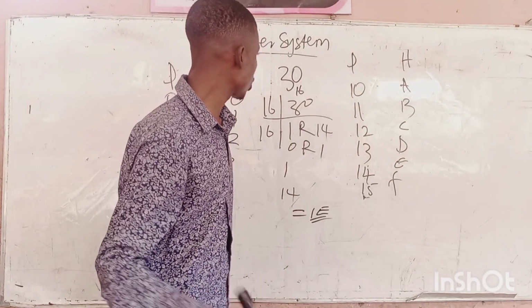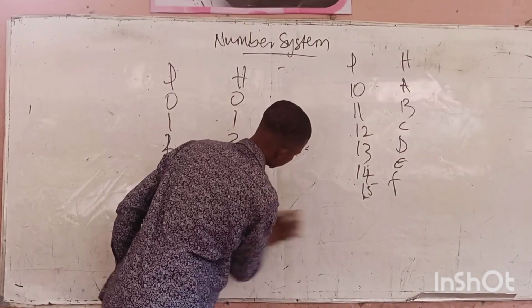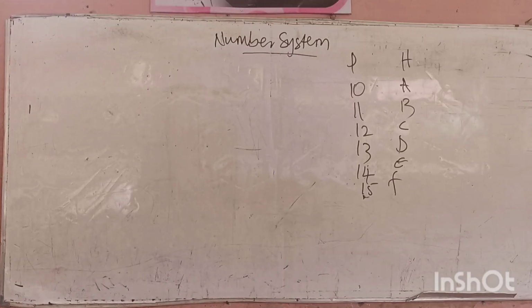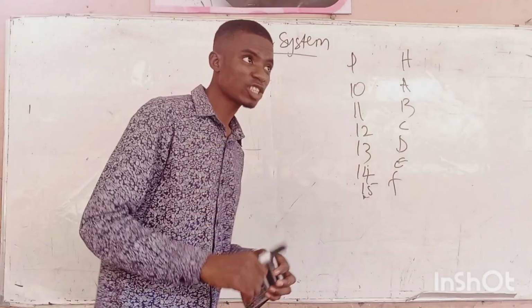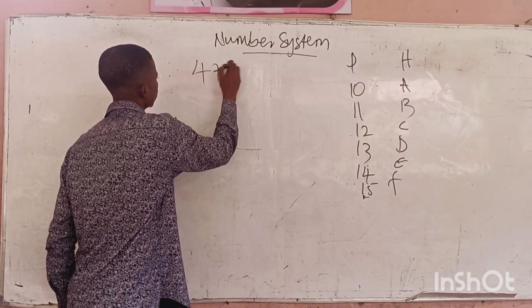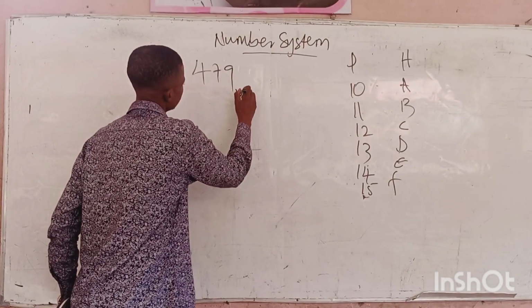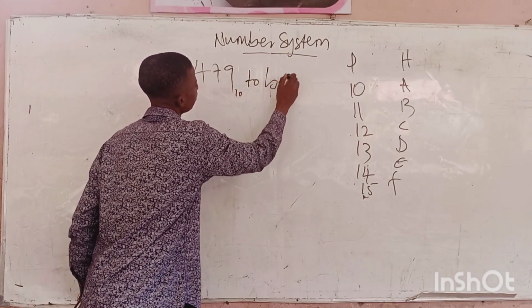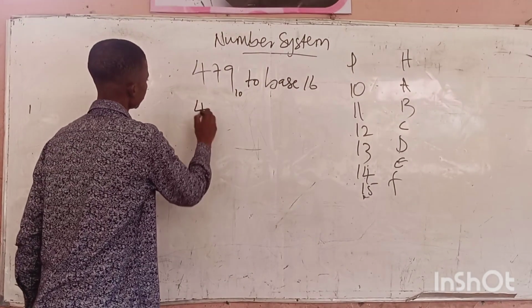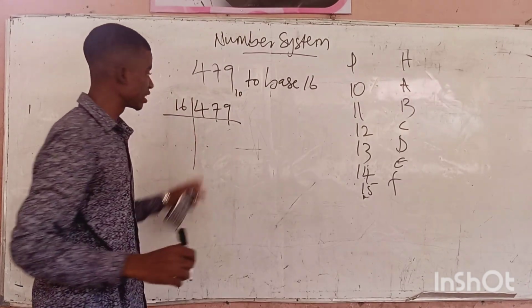So this is how to convert from decimal to hexadecimal. But with a more complex number, assuming we have 479, to convert 479 base 10 to base 16, we have 479 divided by 16.